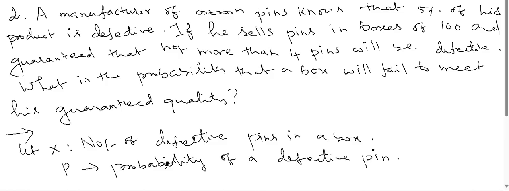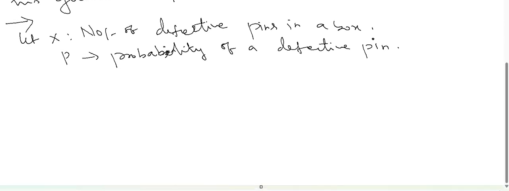P is here 5%, that means 5 by 100, or else we can write it as 0.05. Anyway, the number of pins in a box is 100. We can take it as n.